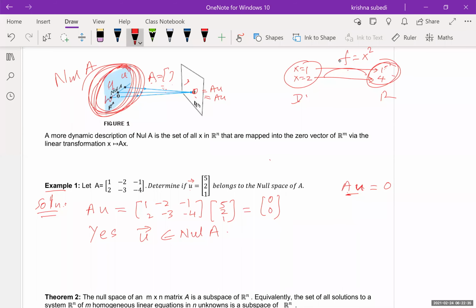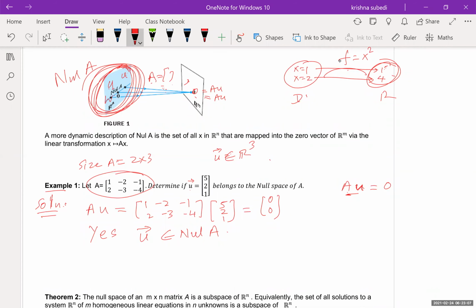One very important observation here. What is the size of A? It is 2 by 3, because there are 2 rows and 3 columns. And you see the U vector, which is 5, 2, 1, actually belongs to R3, because there are 3 entries. So U belongs to R3.